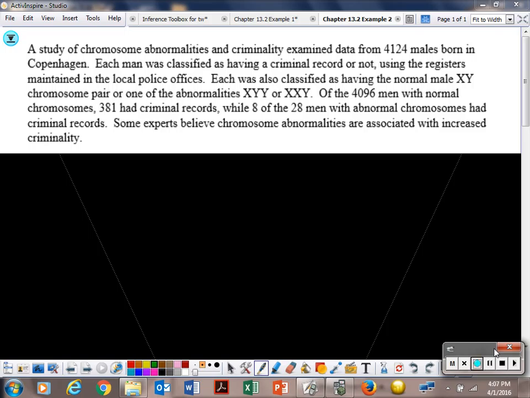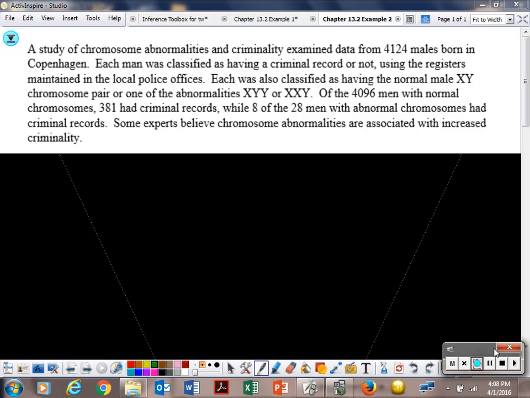All right, so we have a study of chromosome abnormalities and criminality. It examined data from 4,124 males born in Copenhagen. Each man was classified as having a criminal record or not, using the registers maintained in the local police offices.